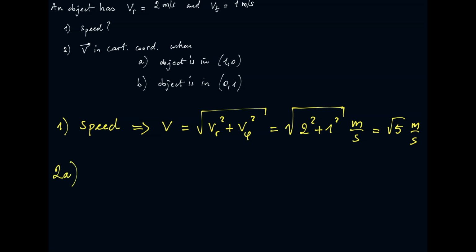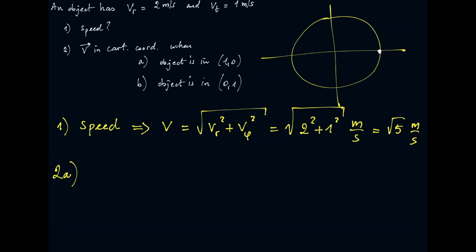Now for the tricky bit, 2a. Okay. So we know what the radial and tangential velocities are, but the direction depends on where you are. See, imagine that we have this point in this coordinate system.